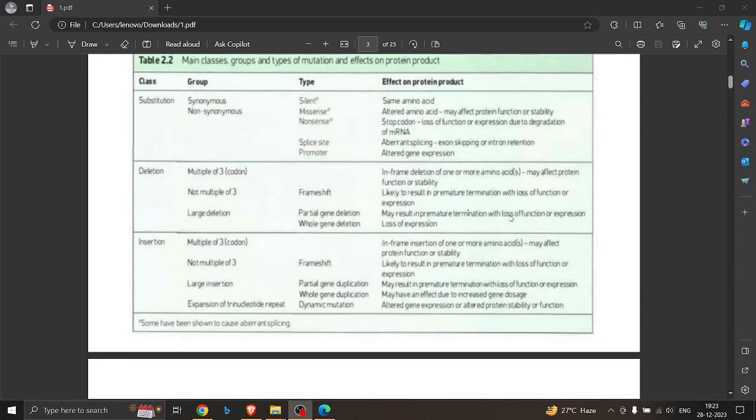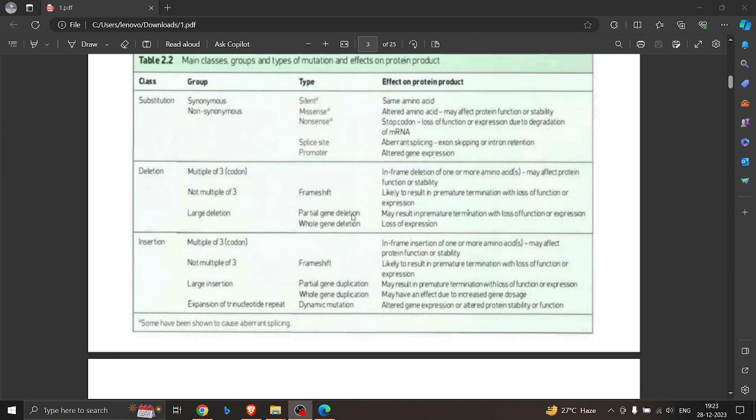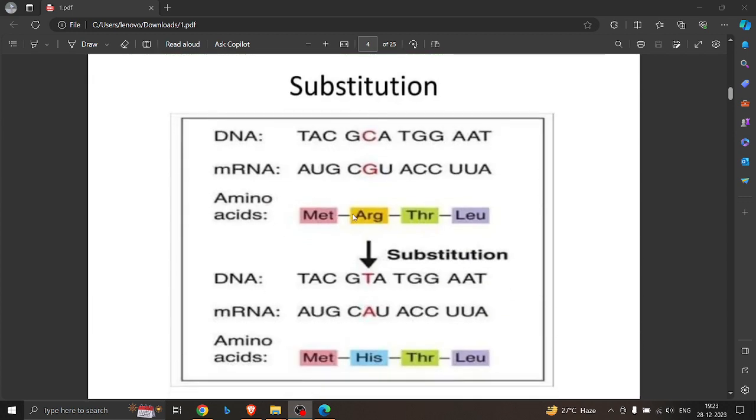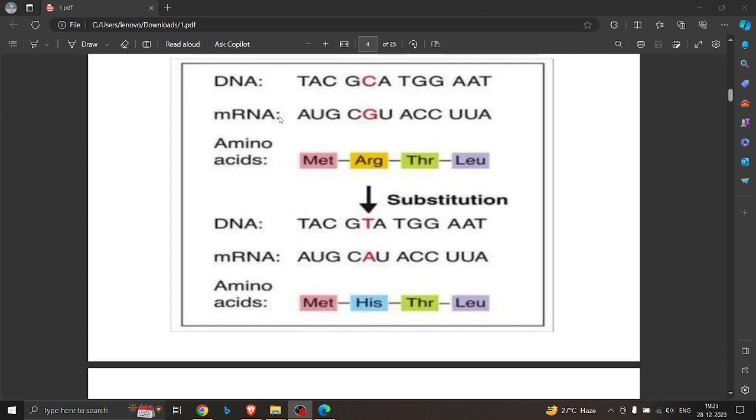This includes the different types of mutations and their effects. Next, the substitution mutations: here you see the DNA, mRNA, and amino acids.